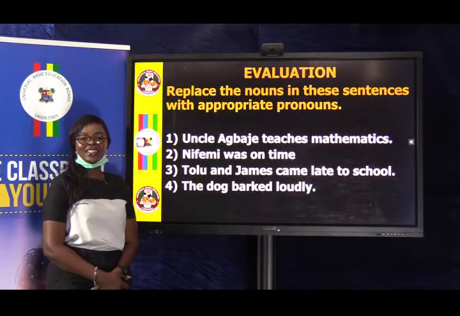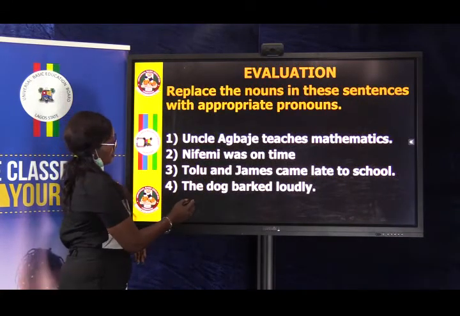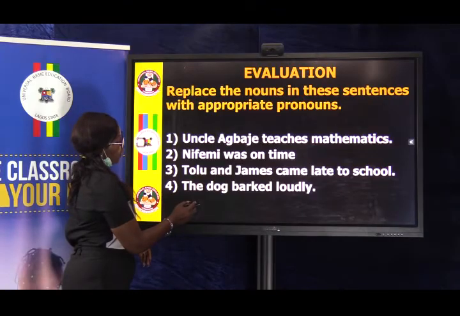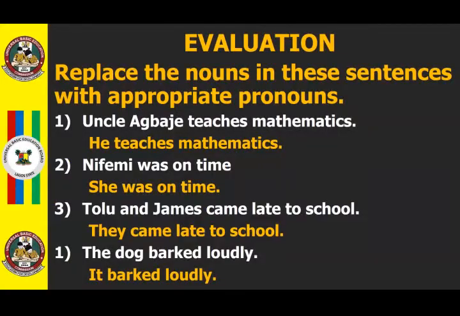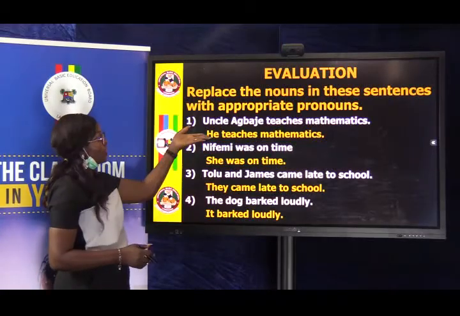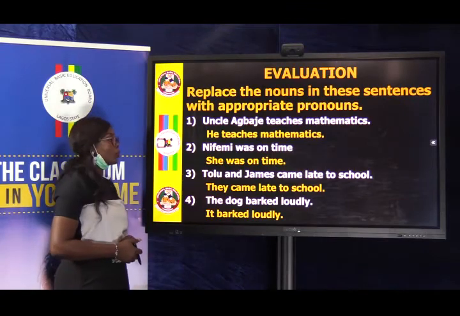Eyes on me. I'm sure you would have gotten the correct answers to these questions by now. Let's get the answers. Replace the nouns in the sentences with appropriate pronouns. 1. Uncle Agbaje teaches mathematics. If you replace Uncle Agbaje with a pronoun, what do we get?